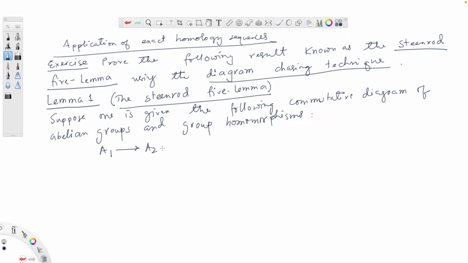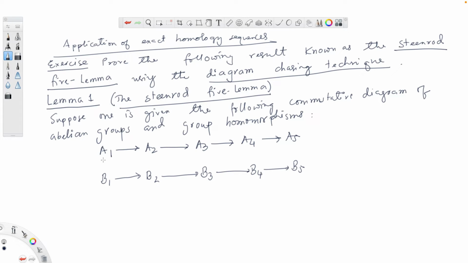A1 to A2, A2 to A3, A3 to A4, and A4 to A5. Okay, there are group homomorphisms connecting these abelian groups, and there are group homomorphisms from B1 to B2, B2 to B3, B3 to B4, and from B4 to B5.